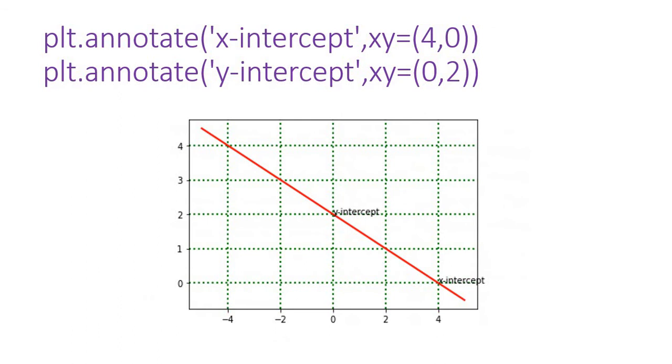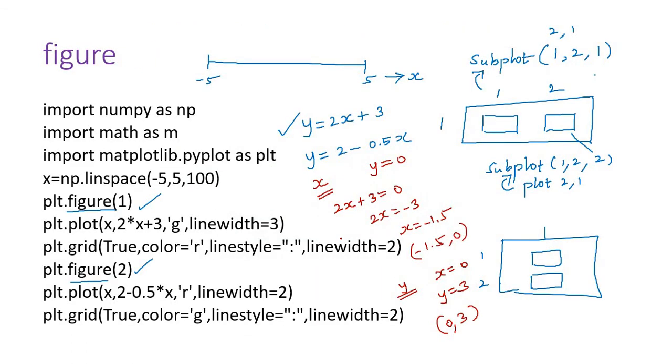Similarly, we can go for the next function. The next function is y is equal to 2 minus 0.5x. So when I substitute y equal to 0 for x intercept, it is 2 minus 0.5x is equal to 0, 2 equal to 0.5x.